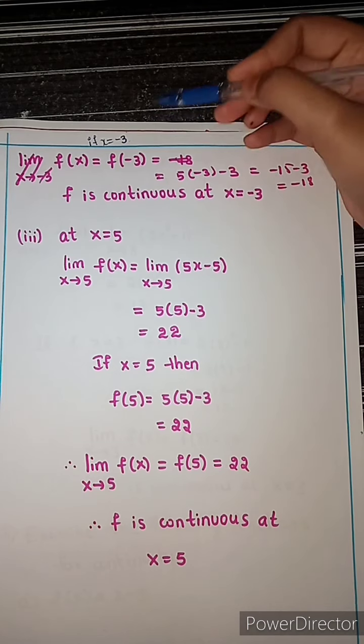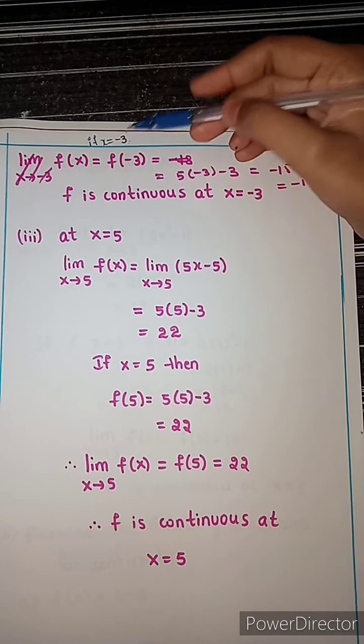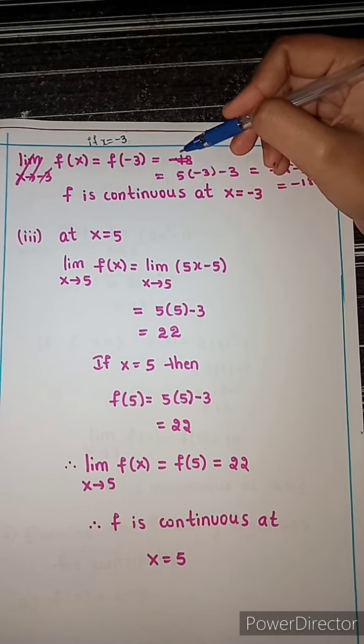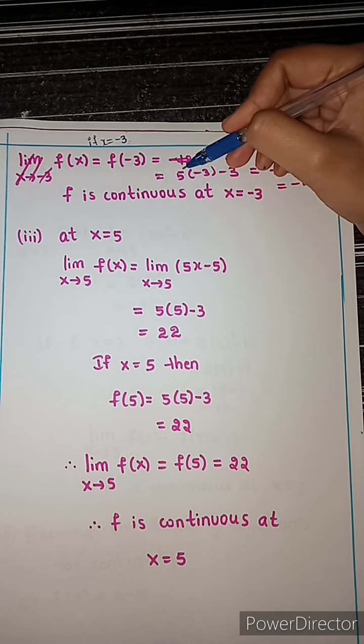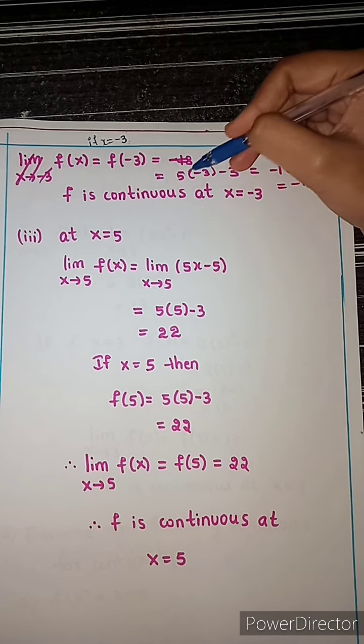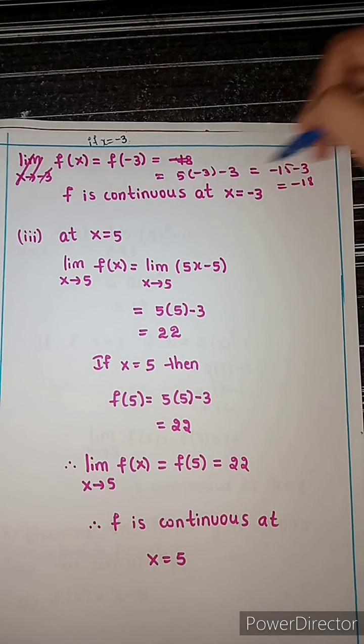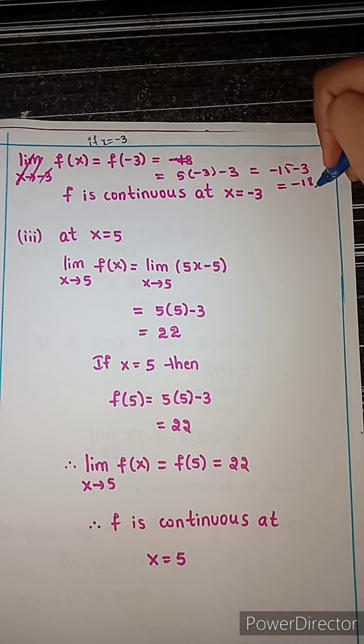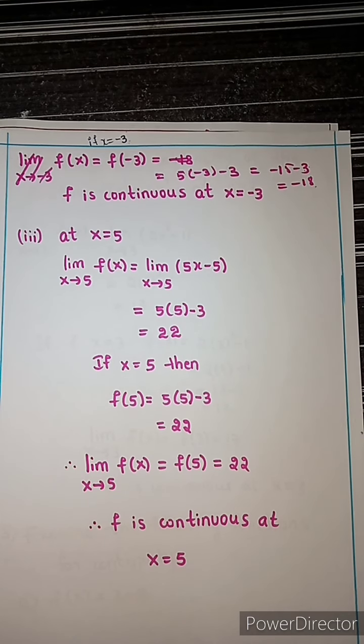Now when x equal to minus 3, put minus 3 in the place of x in 5x minus 3. So 5 into minus 3 minus 3. 5 into minus 3 is minus 15, minus 3. Add up. Minus 15 minus 3 is minus 18.